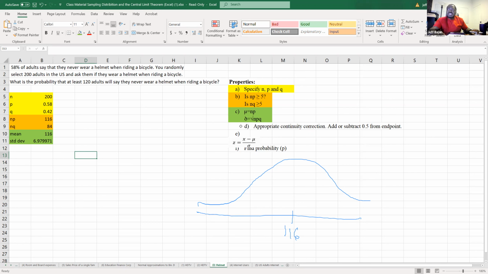Okay, now let's do step 4. Step 4 says continuity correction, right? So we're going to try and correct this. So who can tell us how we can correct this? What would the value be? It says that it's at least 120. So what would be the correction here?